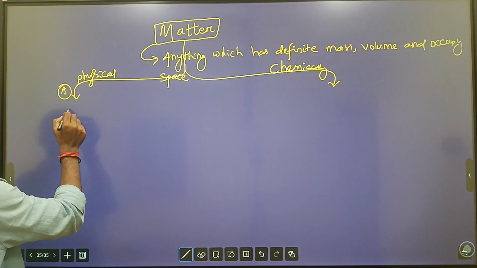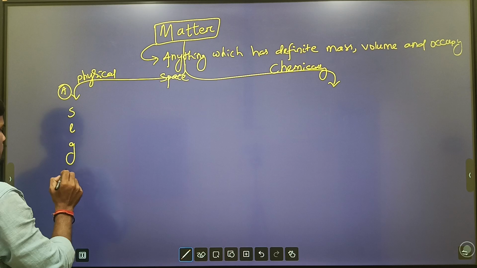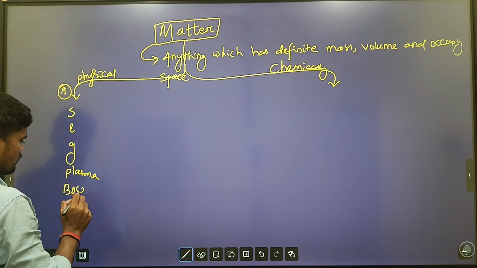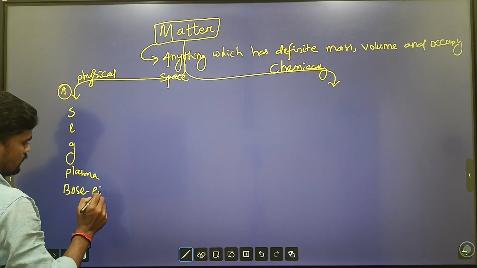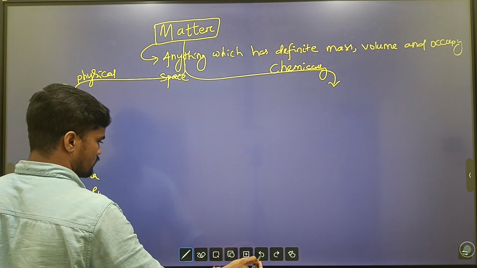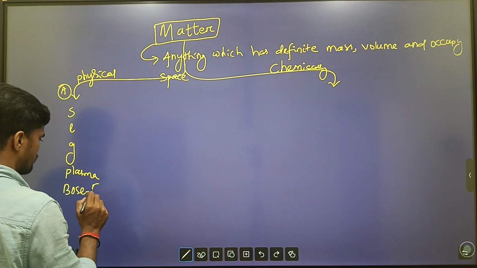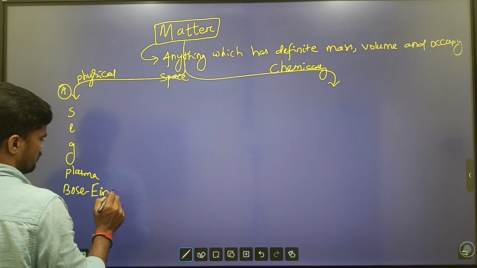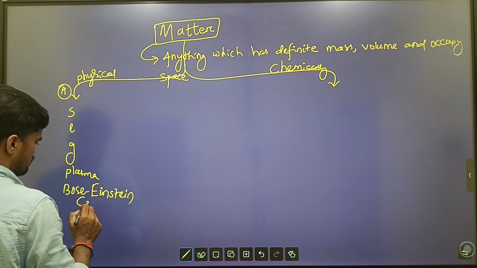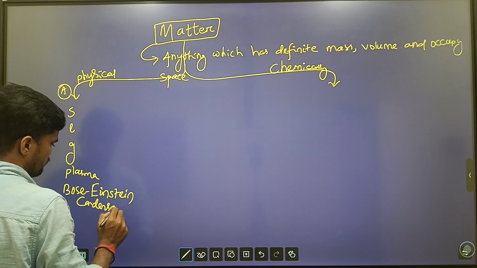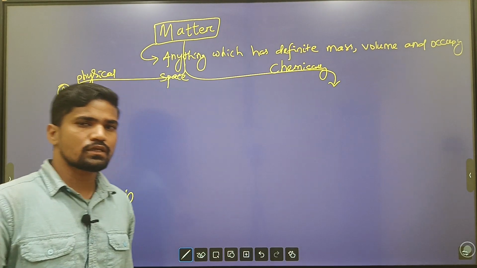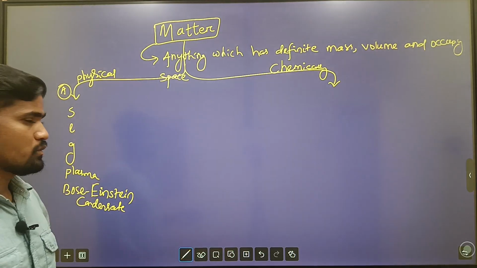Solid, liquid, gas, plasma state and Bose-Einstein condensate. So solid, liquid, gas and so on. These are the physical classifications.